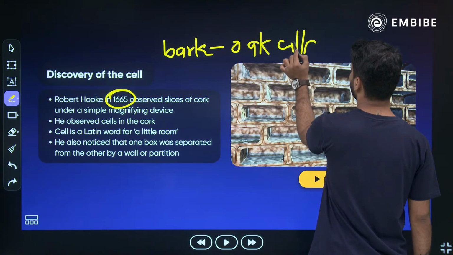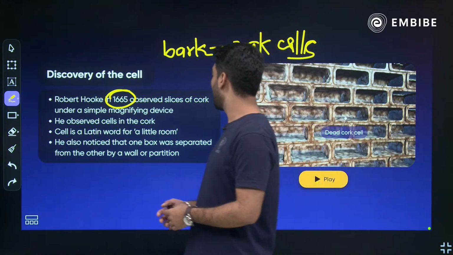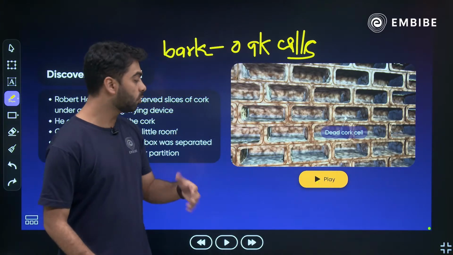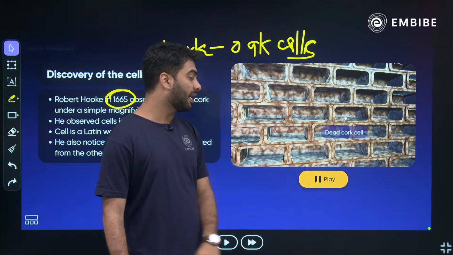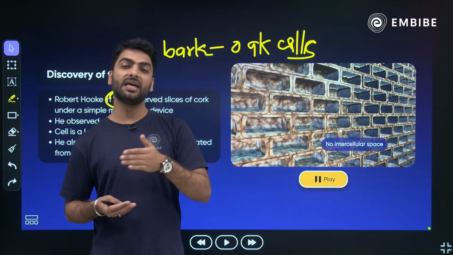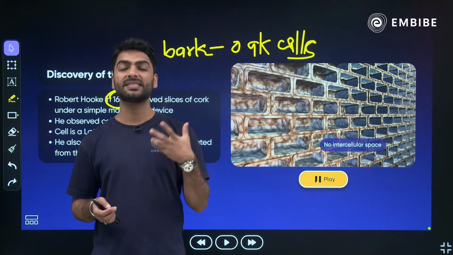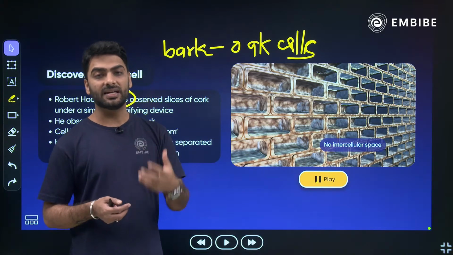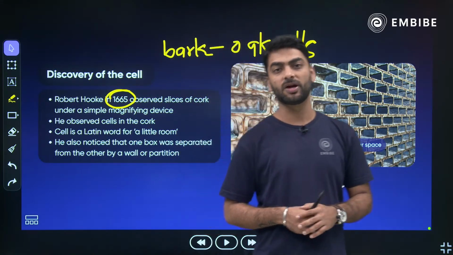Now when he saw these cells under a microscope, it was his own self-made microscope, he realized that these reminded him of the small rooms in which monks used to live in those times, and those rooms were called cellula in Latin, and that is how from that word cellula the word cell came, which was coined by Robert Hooke.